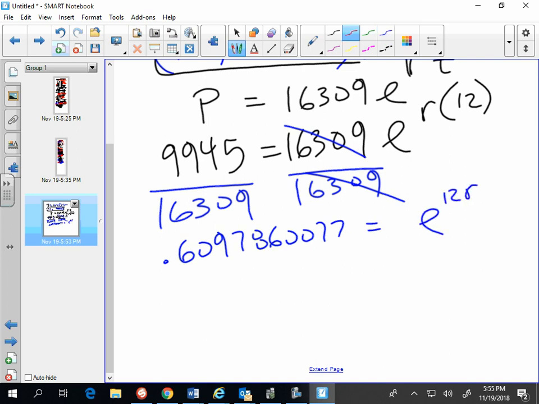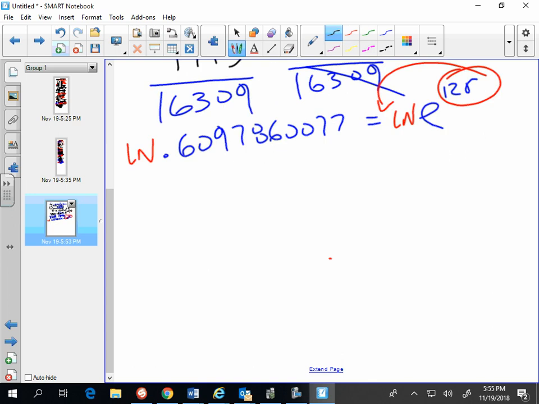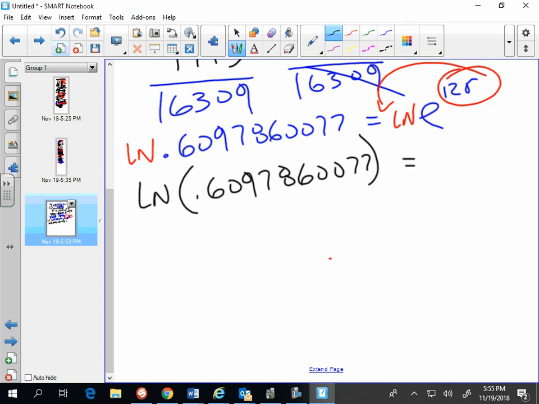At this point, we've been taking the ln of both sides of the equation so we can bring this power down in front. On the left-hand side, we've got the ln of 0.60978660077, and on the right-hand side, we've got 12r. So if we divide both sides by 12, we should be able to find the decay rate, or the rate at which people are being infected is decreasing.